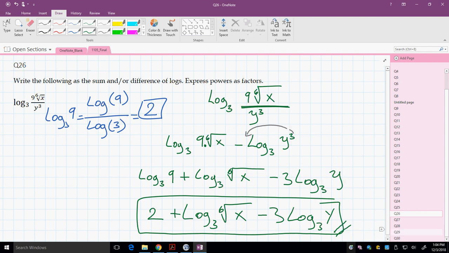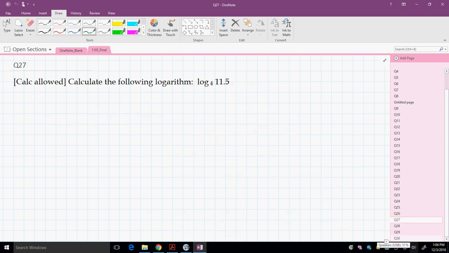Question 27. Calculate the following logarithm. For this one, you just go to the calculator and we're going to do the same thing that we did before. Log base 4 of 11.5.